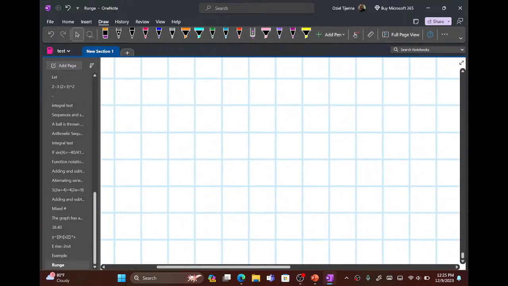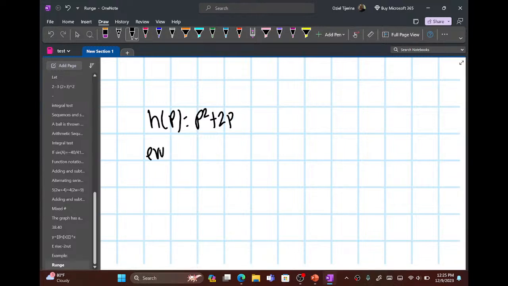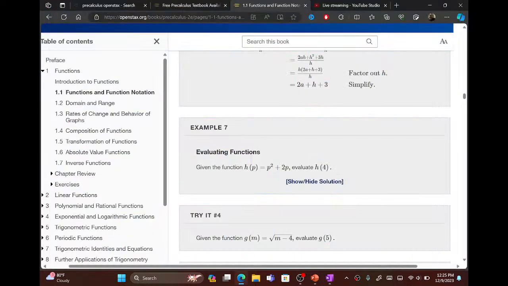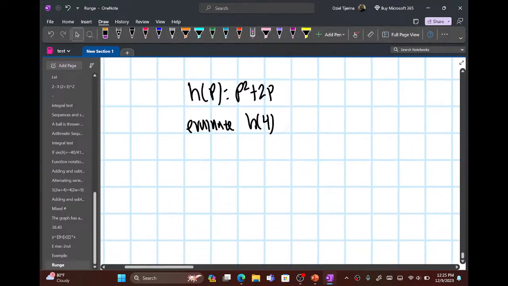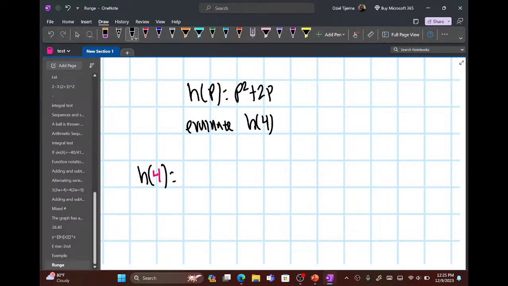So, okay, this is the same idea that we did in the previous one, but now we're going to put h of 4. So h of 4, again, we're just going to do the quantity 4 squared plus 2 times 4, like this.